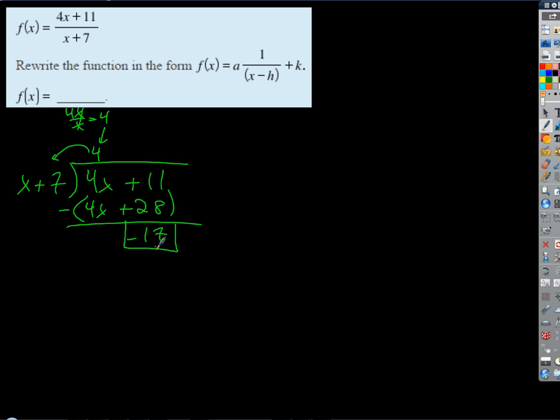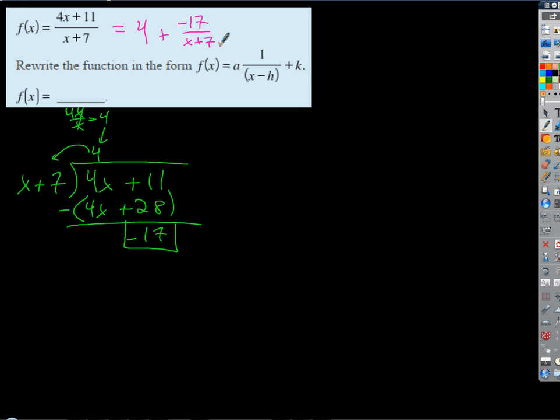So what did that end up equaling then? How do we interpret this? It equals 4, right, plus the remainder, negative 17. Well, what's the remainder over? X plus 7. The denominator, right. So that's just x plus 7, right?